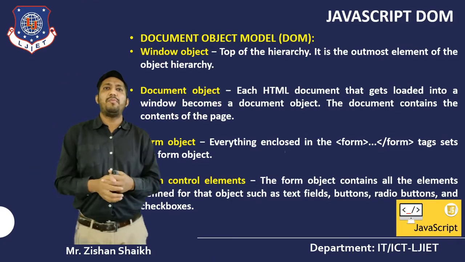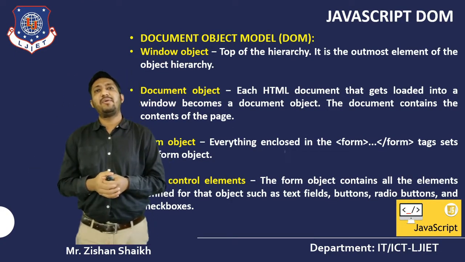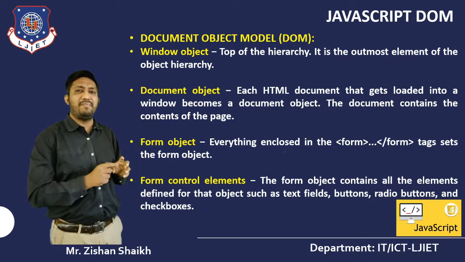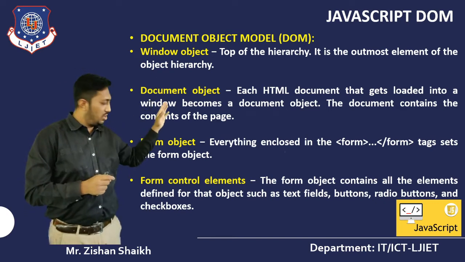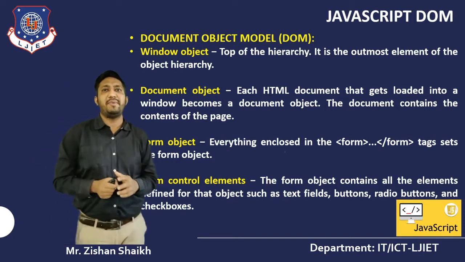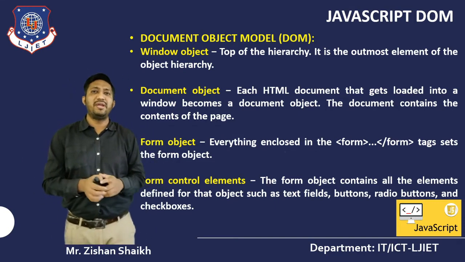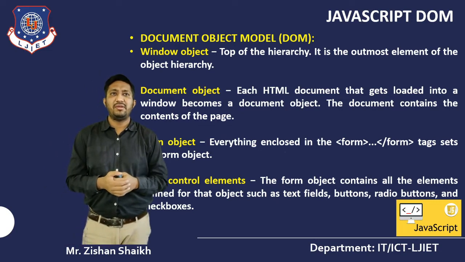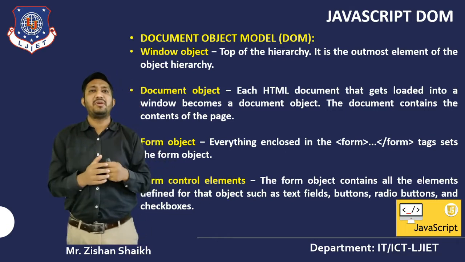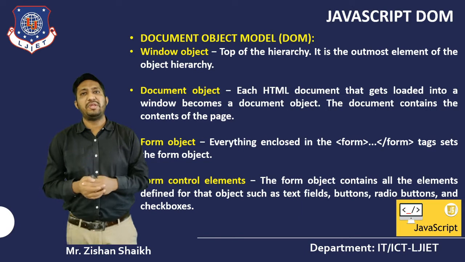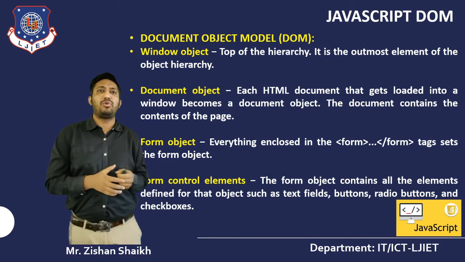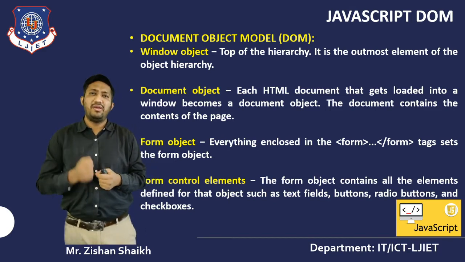The DOM provides a number of objects for accessing our HTML form. For that, we are considering the major objects: the window object, document object, form object and form control elements. The window object is at the top of our hierarchy, because any element we see on the display screen of the browser is part of the window. Anything we write will be part of the document, because the document contains our web page.